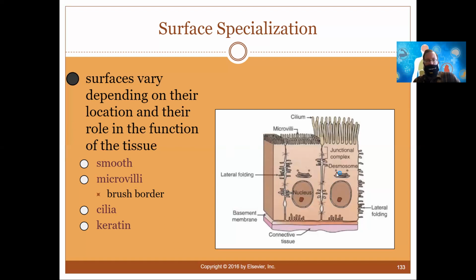Again, these are going to be taller, definitely less common. The simple ciliated columnar epithelium. We might find some of those again, you know, in the respiratory tract, maybe lining the trachea.